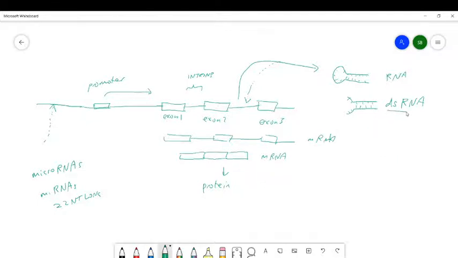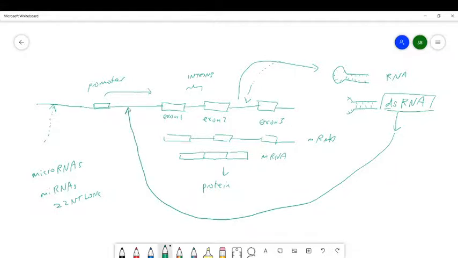Now, double-stranded RNA was discovered around about 1995 to do two things. One is it finds its way, one of the strands will bind to what we call the UTR, the untranslated upstream untranslated region of the protein gene, and it will inhibit basically what it does inhibits the production of the mRNA.